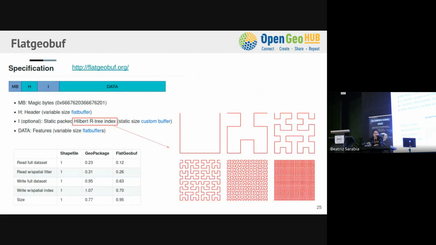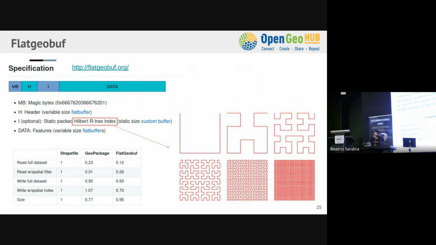So in FlatGeobuf, we did a lot of research, and they have implemented this Hilbert R-tree index. That's why we mentioned the spatial index, because when you really read this data, you will find out that they actually implement this index in the format, whether you read it with OpenGeoHub or other software.